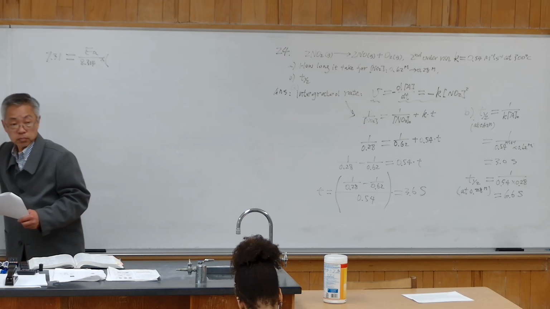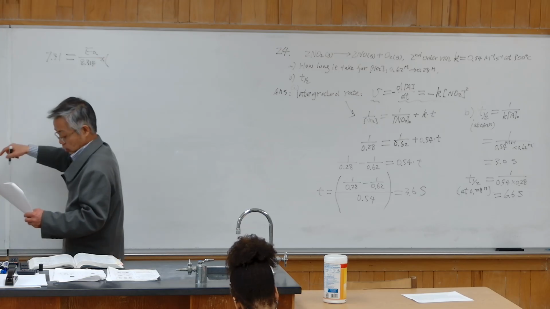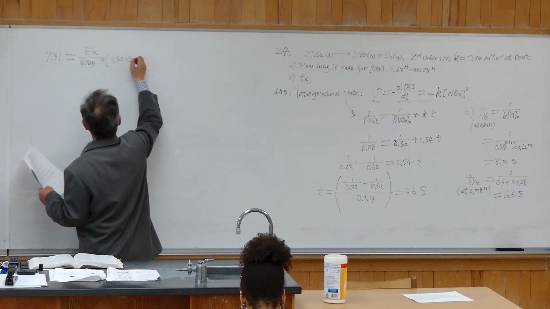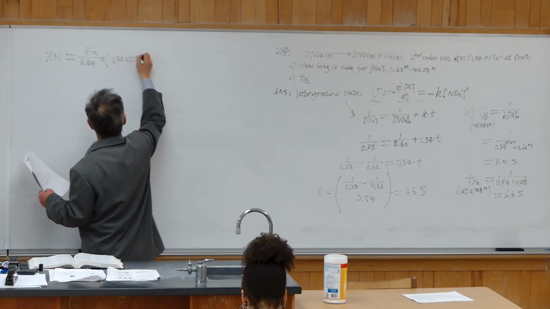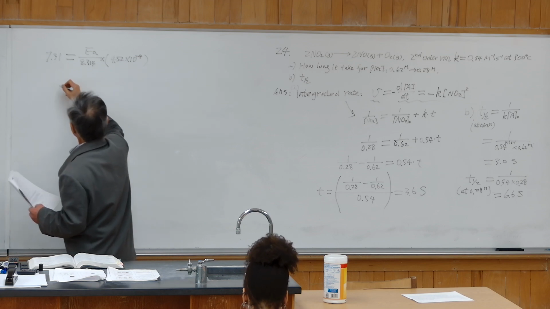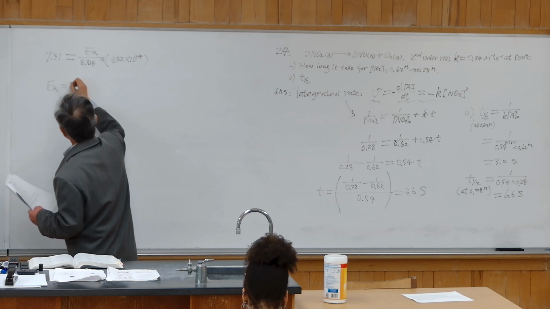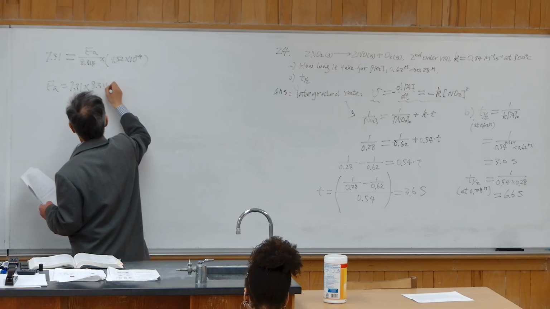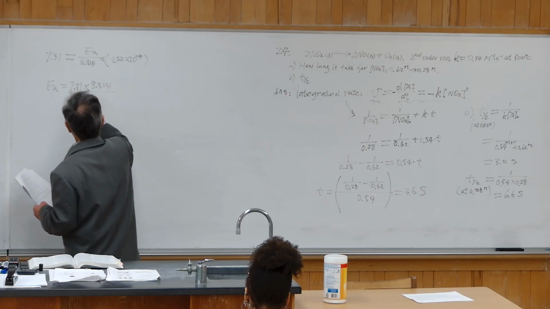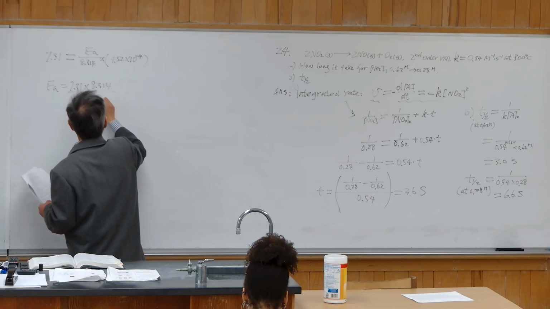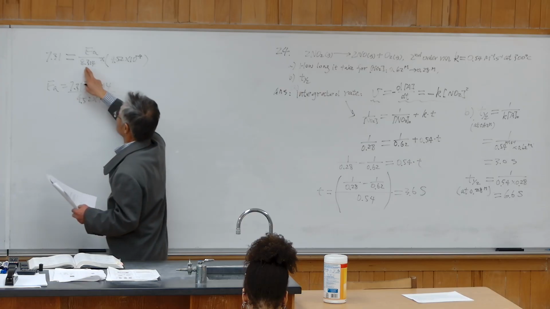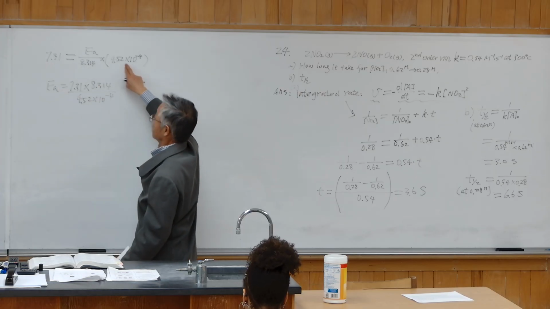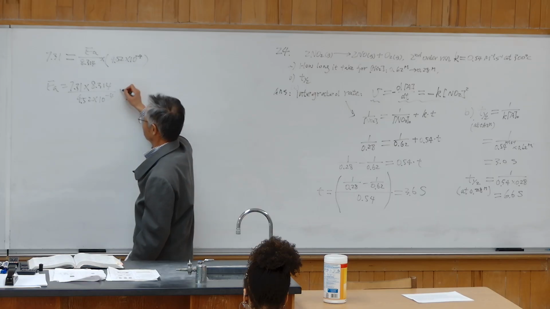These two subtract, using the calculator, you get a number, 4.52 times 10 to the negative 4. Then EA equals 7.3431 times 8.314 divided by 4.52 times 10 to the negative 4, right? So both sides multiply by this, then both sides divided by this. You get the final answer.